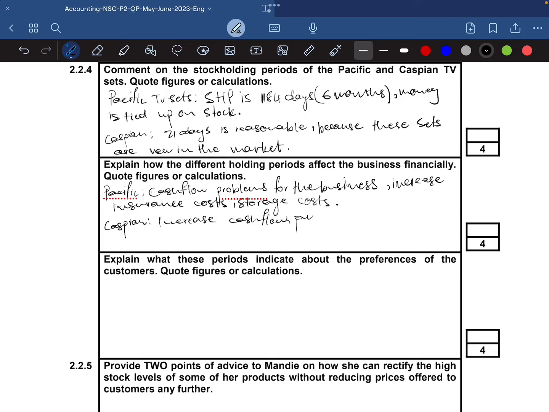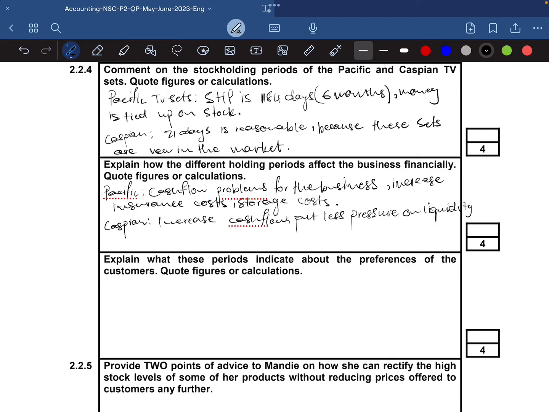So it puts less pressure on liquidity, because cash is not tied up in stock now. And also our investment in the stock, because we used cash to invest in the stock, of course, so we'll be able to make that cash back in a short space of time.